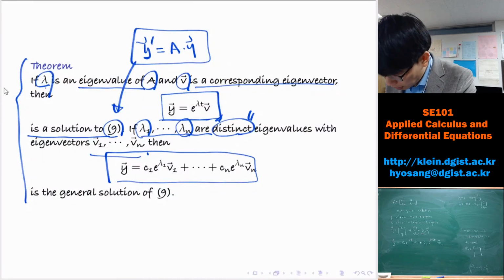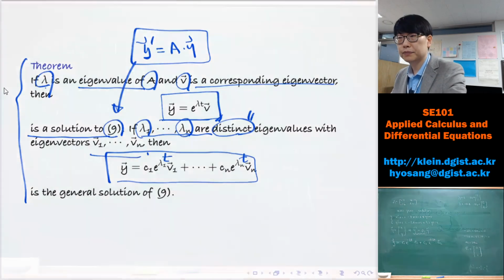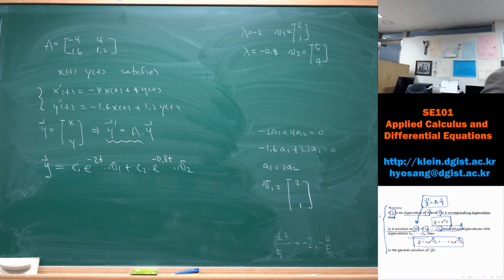So here is a t, lambda 1 t, lambda 2 t. What that means is that this is a constant number. It's a variable, but it's just a constant if I plug in t.